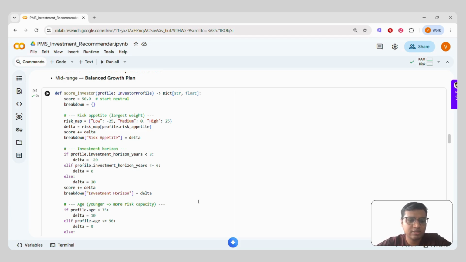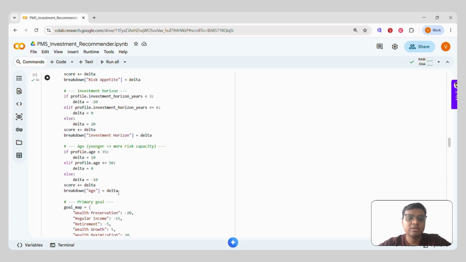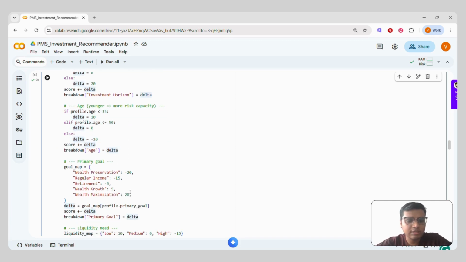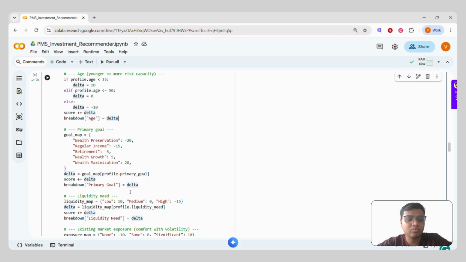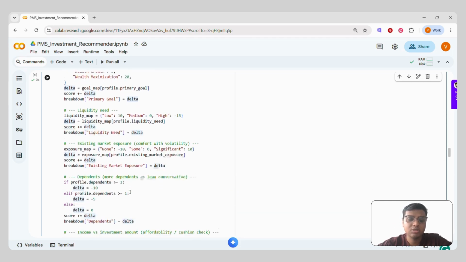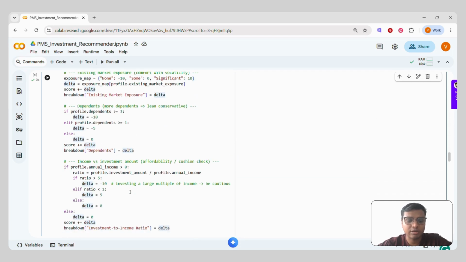We are taking risk appetite as one of the parameters, then investment horizon. Their age is also considered as a parameter. Why? Because the younger you are, the more risk appetite you can have. So considering these basic things, and understanding the current liquidity needs versus their existing market exposure, we give them a score out of 100.